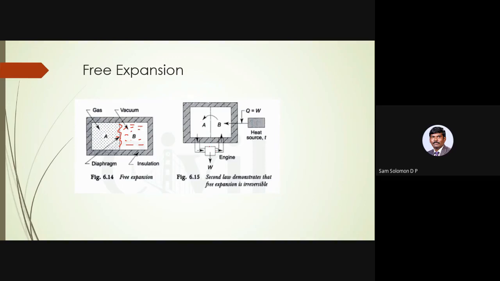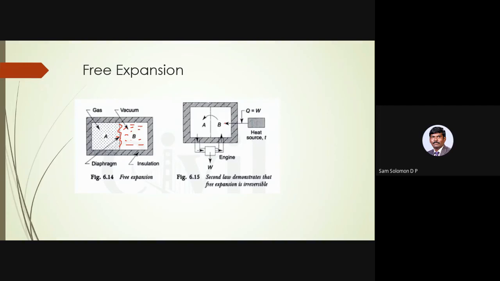This engine is a hypothetical engine, which means a theoretical engine, which is able to tap the molecular internal energy of the gas here. There is no other energy there. So the molecular internal energy of the gas is converted into work here. So when it goes and occupies the space in B, it has lost its molecular internal energy.